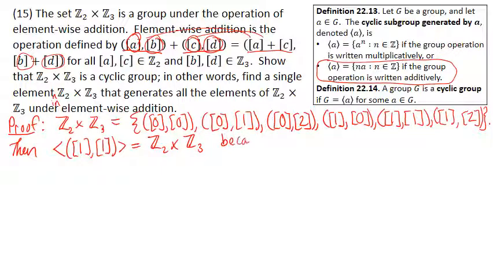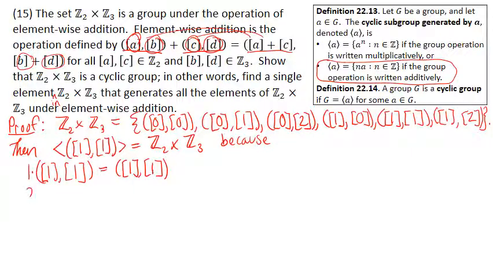Let's go through every multiple of 1, 1. To get the multiples, I'm just going to keep adding 1, 1 to itself. First, I get 1, 1 itself, that's 1 times 1, 1. So that gives me 1, 1.